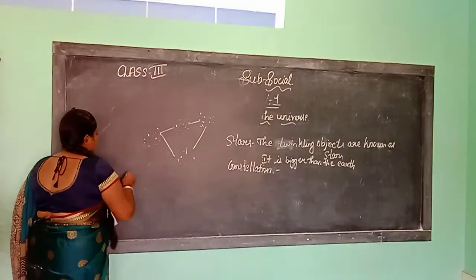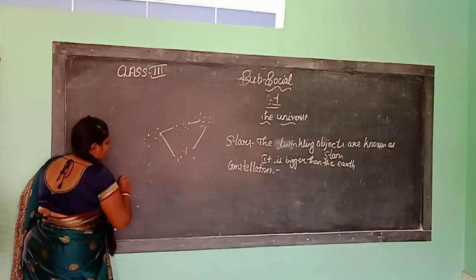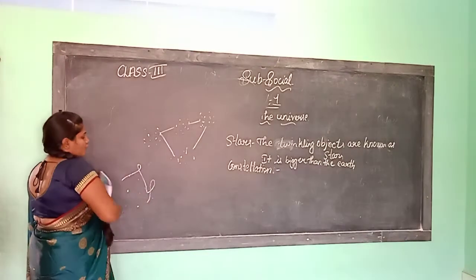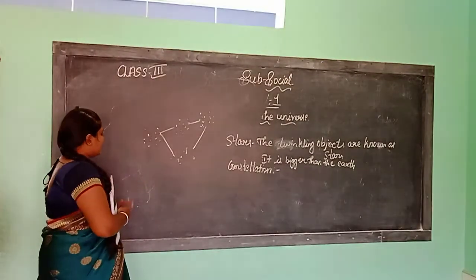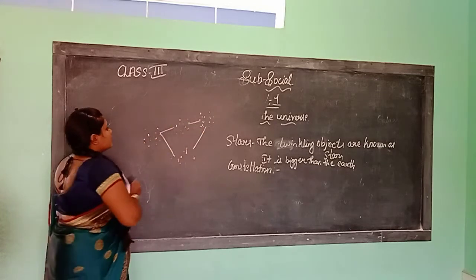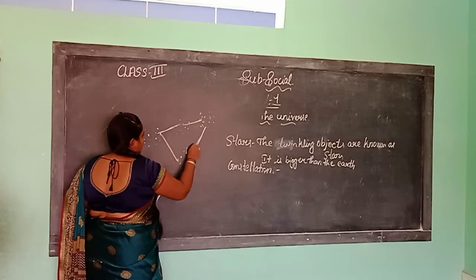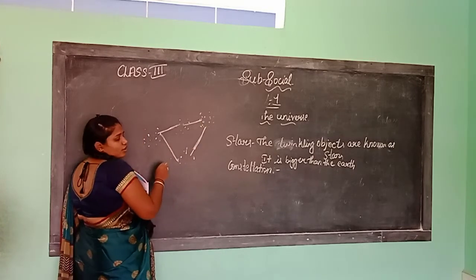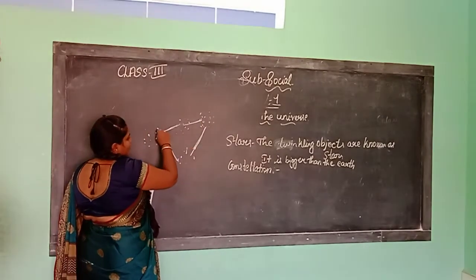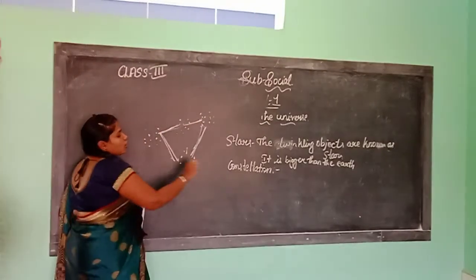While you are putting rangoli dots, we draw lines. No? This forms a pattern. Like that in the sky, the group of stars is joined by an imaginary line, and we form a pattern. When we draw a line, we form the shape of a pattern. That we call constellation.